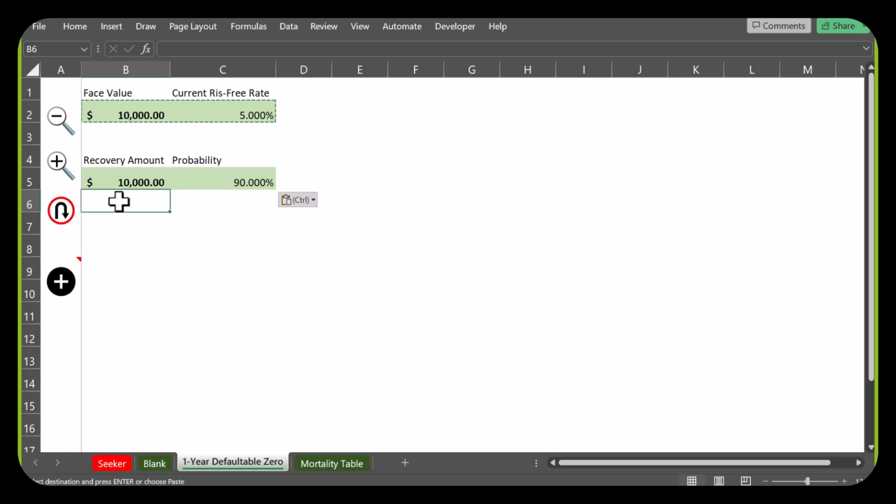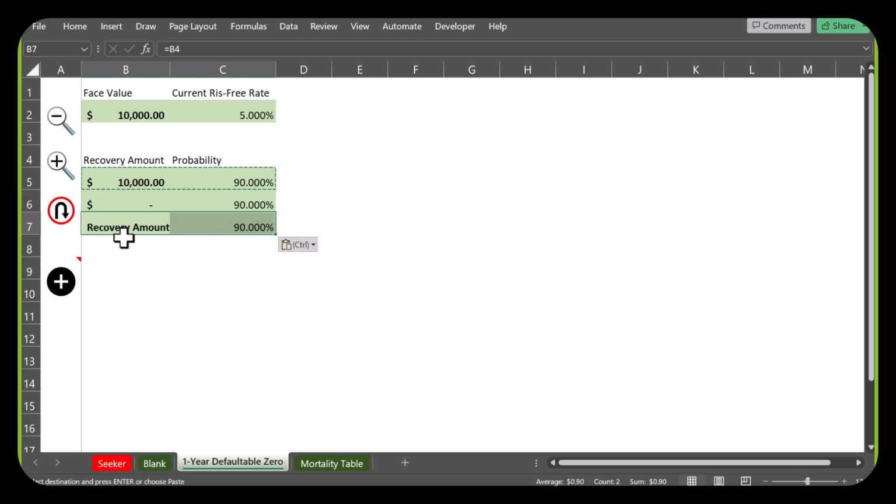But I'm gonna put a little distribution on the recovery amount. Guys are not babies, so don't ignore those things for now.